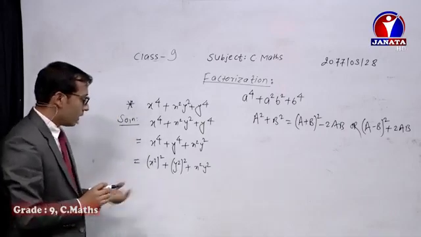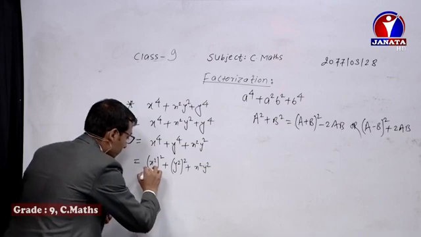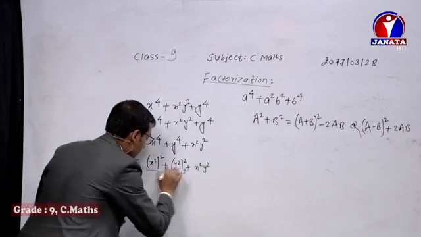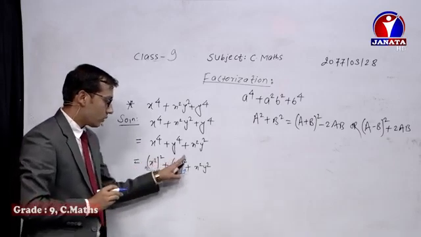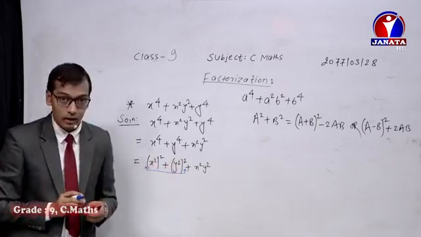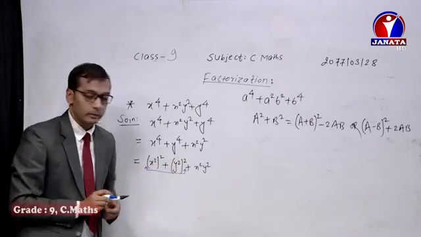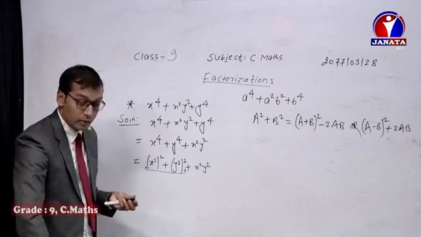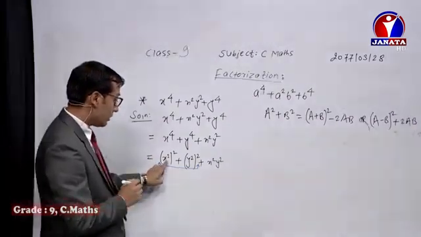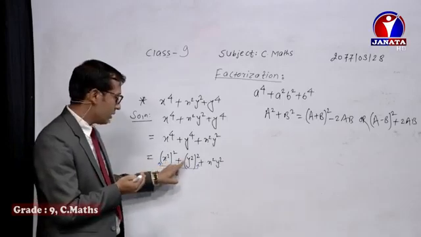So here, if we look at the first two terms, x square whole square plus y square whole square, it is in the form of simply a square plus b square. So what are a and b? Here, a is the term in the first bracket, x square, and what is b? y square.